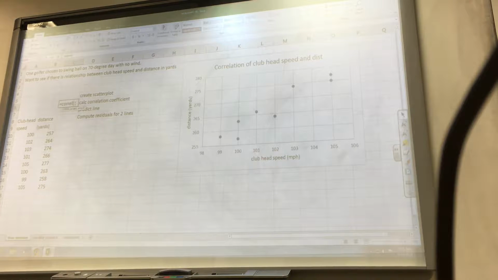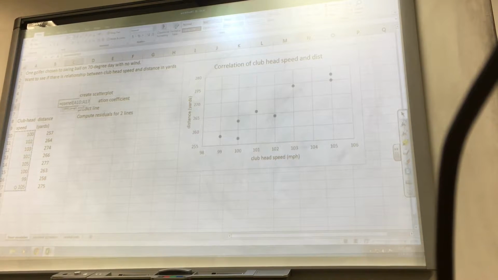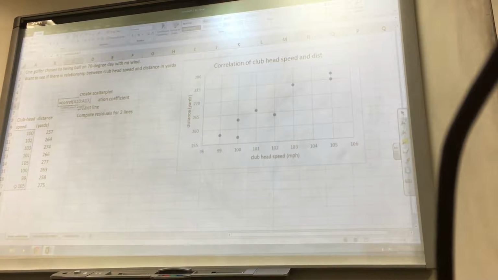Okay, so what do I select first? You select your x's. We're calling club head speed my x's, and you add a comma, and you select all the y's, close our parentheses. Okay, so I got a correlation of 0.9387.